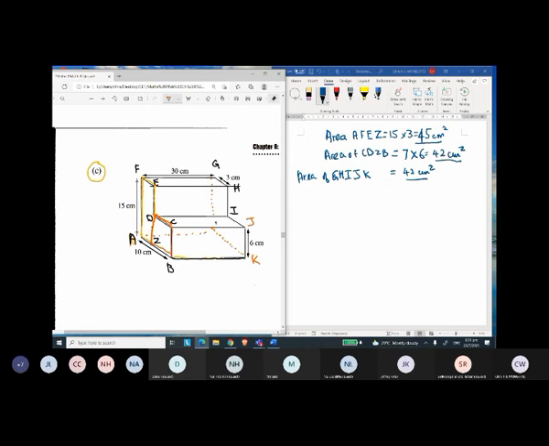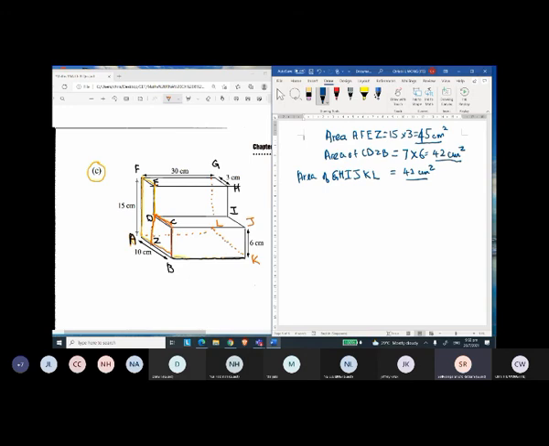So GHIJKL, also 42. Can you see? Yes, sir. Same or not? Same. Correct or not? Correct, sir.